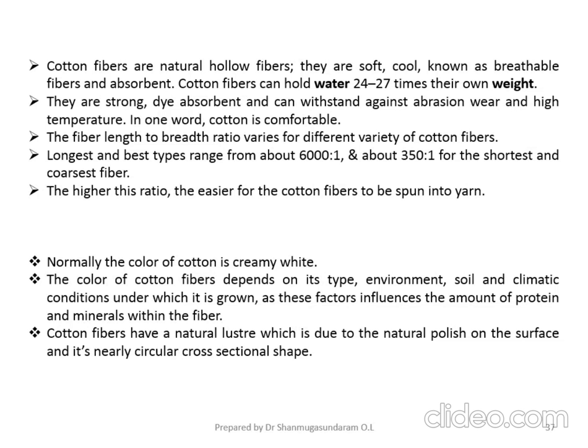Apart from cellulose, the cotton fiber contains so many varieties of protein and mineral matters. When you look at the chemical composition of cotton, cellulose occupies 88 to 95 percent, whereas protein content occupies 1 to 2 percent.